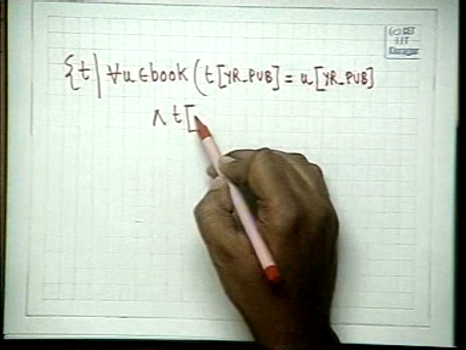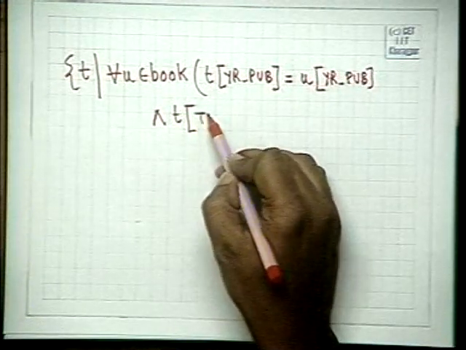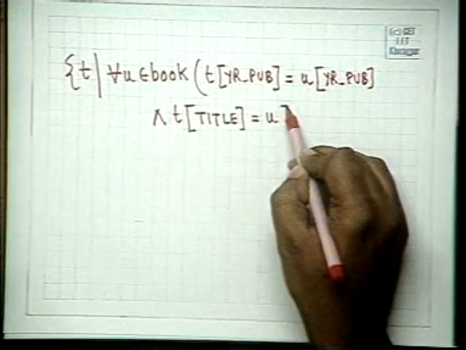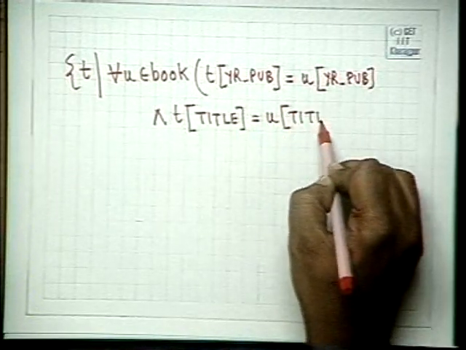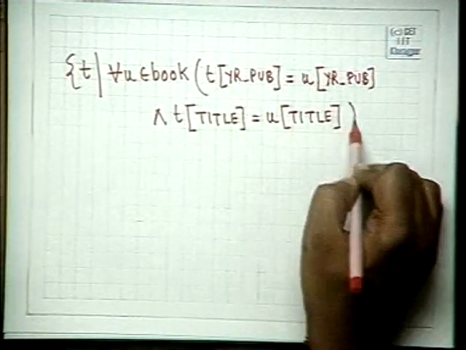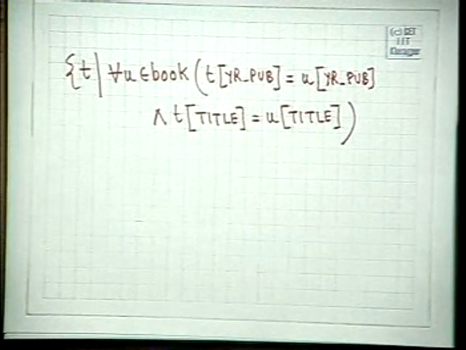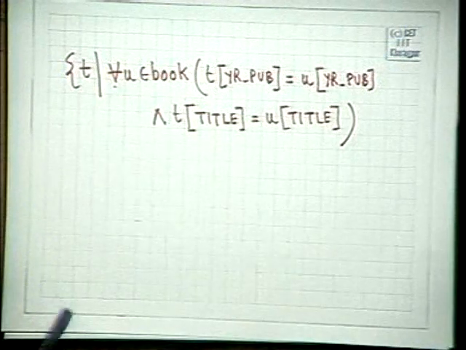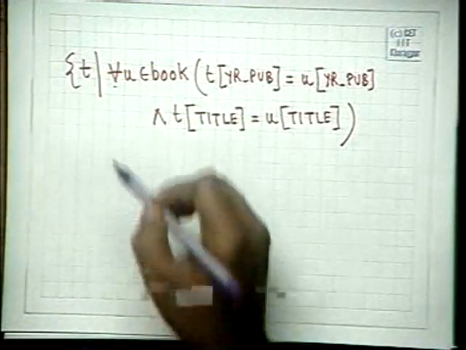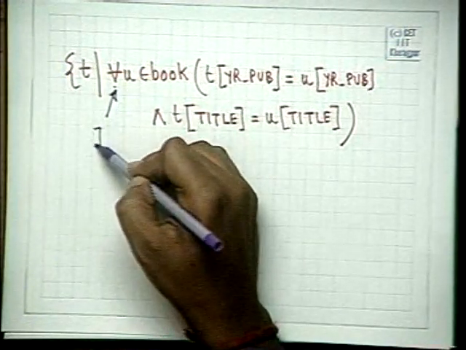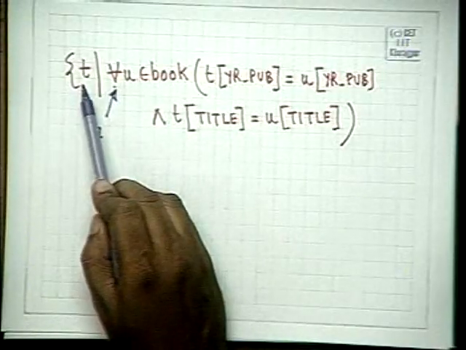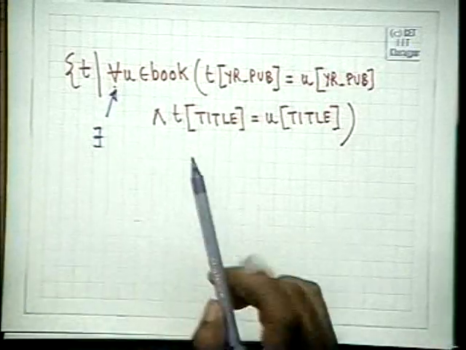Let us see what this means. If this was replaced by there exists, it would mean that for every tuple in T, there may exist some tuple in book such that the year of publication and title is same.